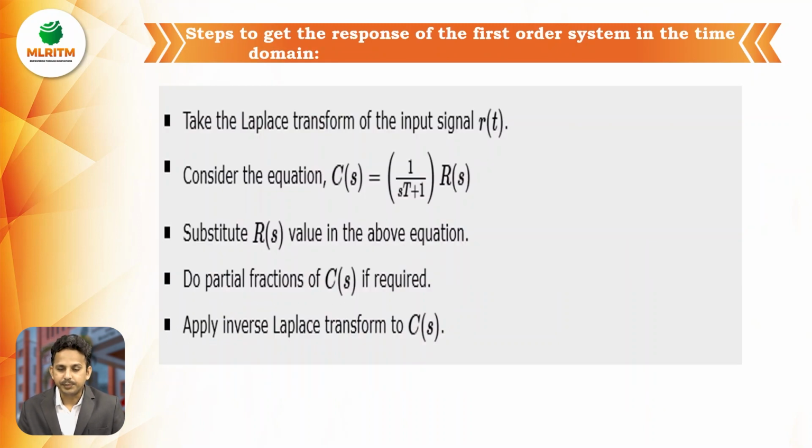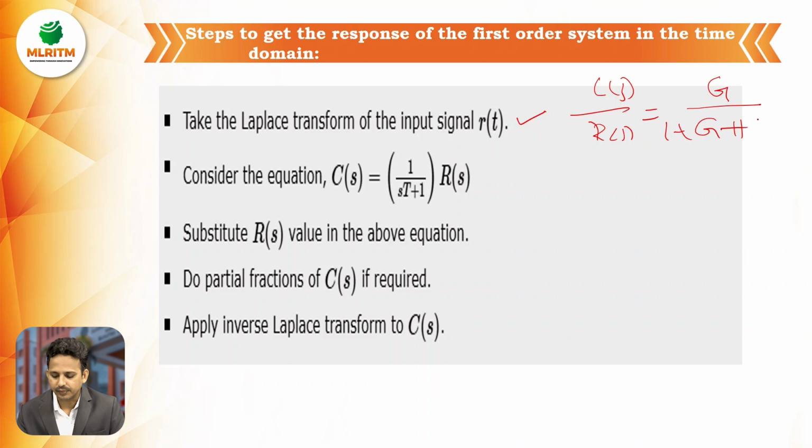Now, steps to get the response of a first order system in the time domain. First of all, we have to take the Laplace transform of the signal r of t, which is the given input signal. Consider the equation C of s is equal to 1 by 1 plus tau s into R of s. We already know the transfer function C of s by R of s is G of s by 1 plus G of s into H of s.